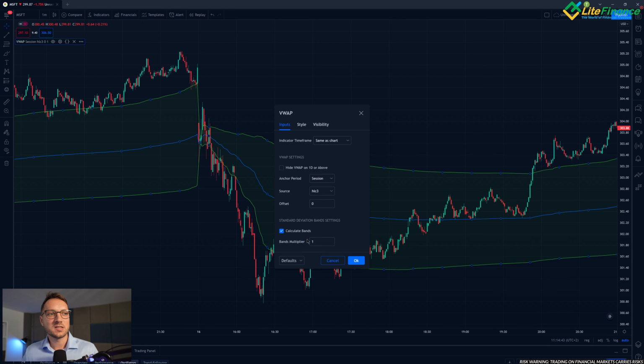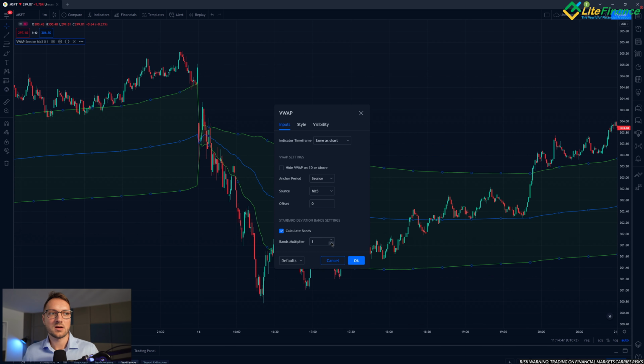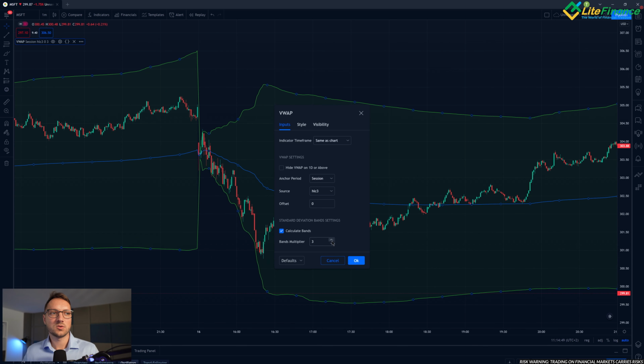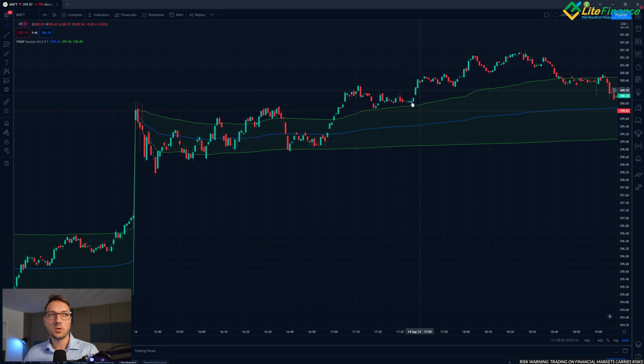And the band multiplier basically multiplies that number, so it can be 2, 3, however much you want. The way you could use those standard deviation bands is simply as an additional confirmation of the trend of the price move.